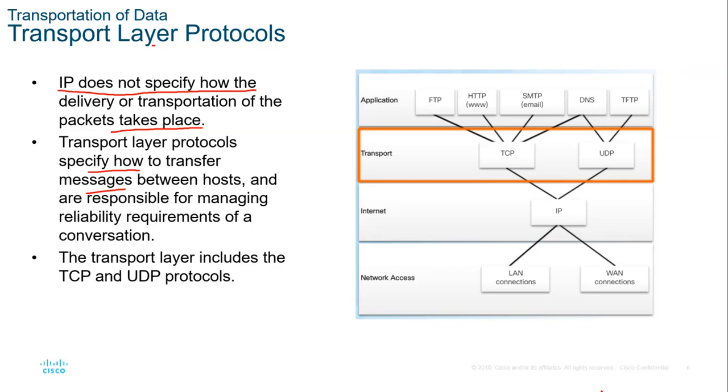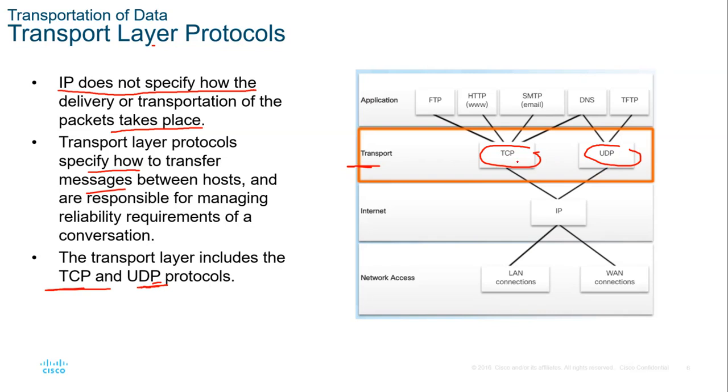The transport layer has two protocols, TCP and UDP: Transmission Control Protocol and User Datagram Protocol. So at the transport layer, you can see only two. The other protocols can specify which transport protocol to use. There are those that use TCP, and those that use UDP.